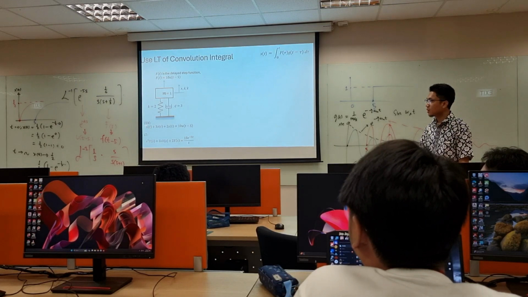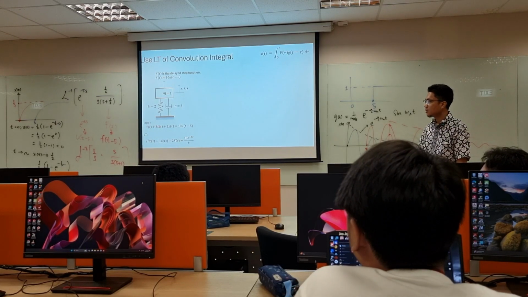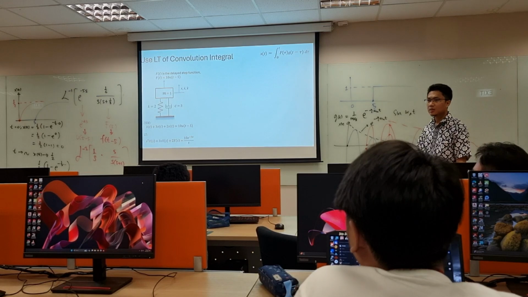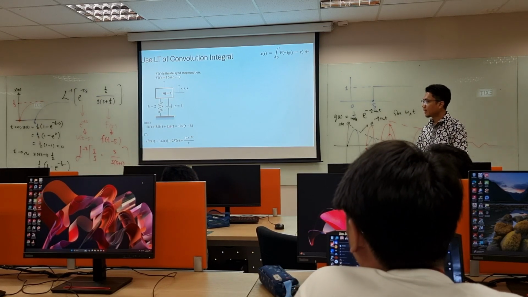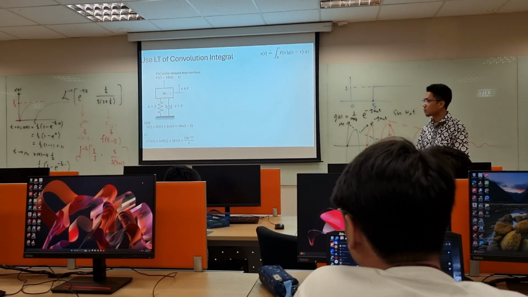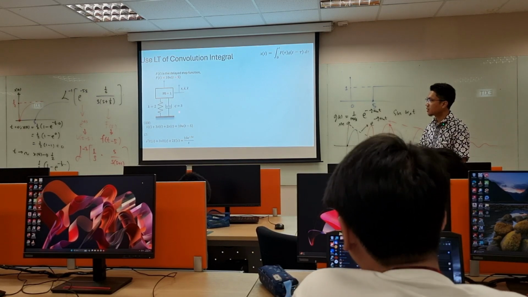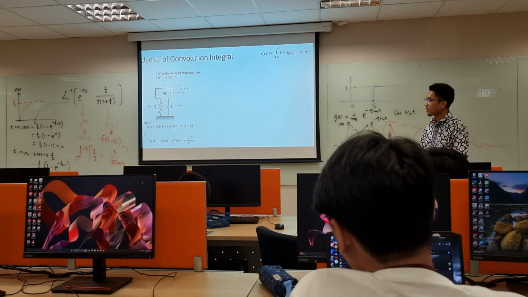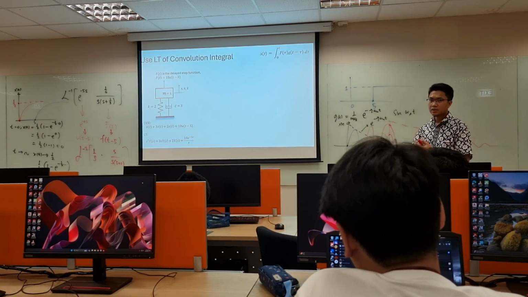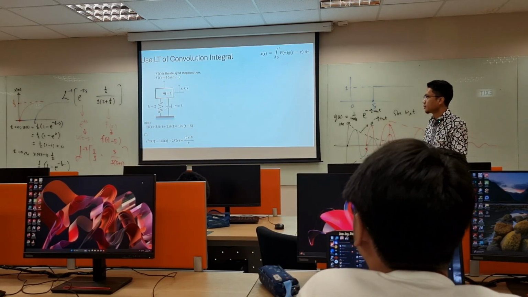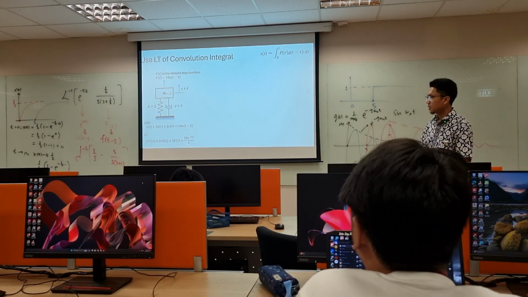How do I get x double dot here? Because the mass is 1, 3x dot because the damping constant is 3, 2 times x because spring constant is 2. And then we have the delayed step function as the input, and the height of the step function is 10. And this is the Laplace transform.